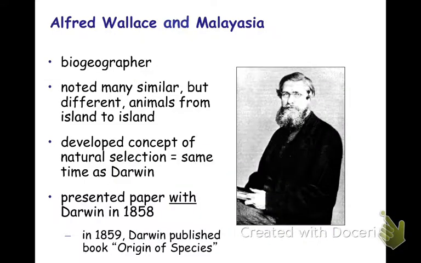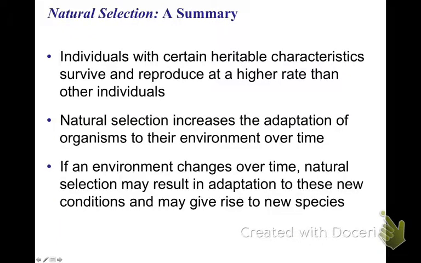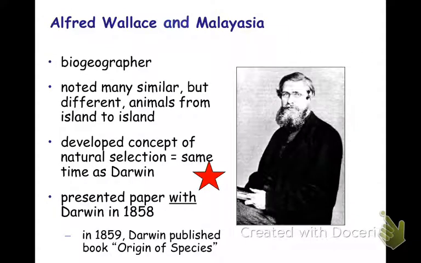yet different. In the meanwhile, Alfred Wallace, we should not forget, he was in the Polynesian Islands and he was a biogeographer. He also noted a lot of similar but different animals from island to island in Polynesia.